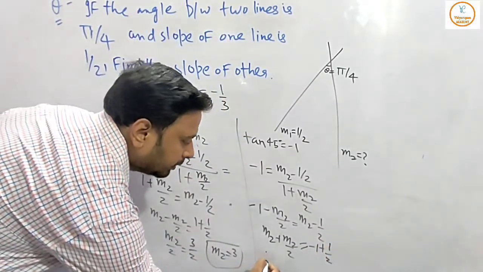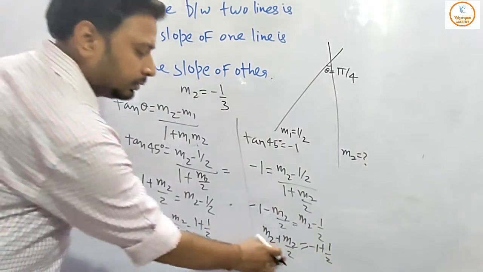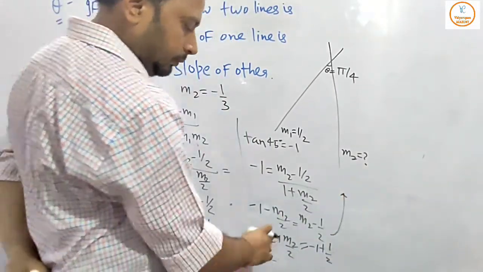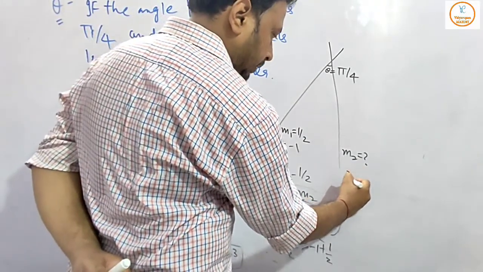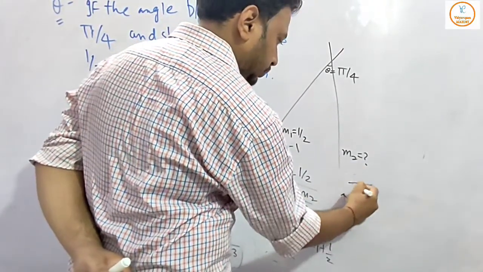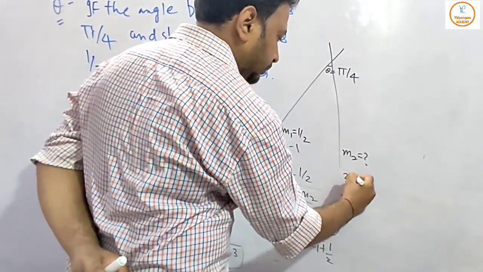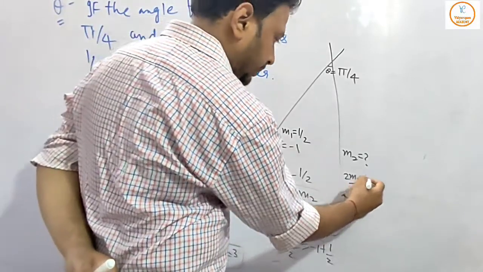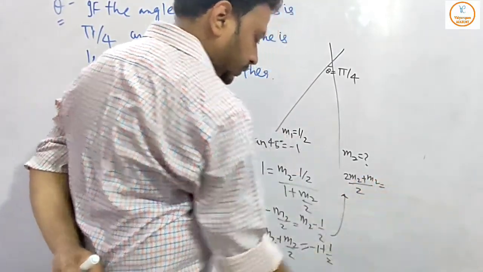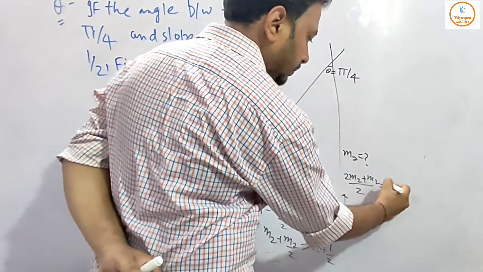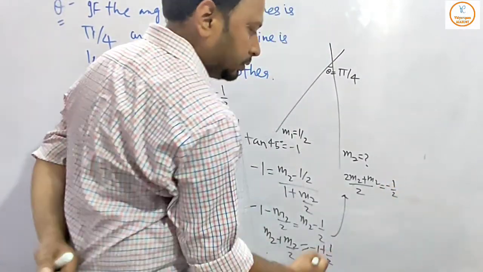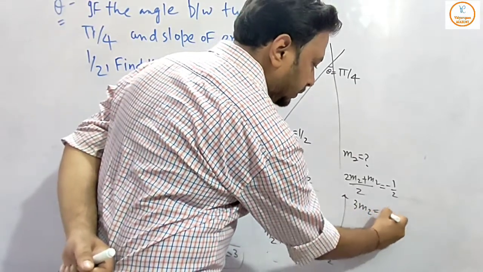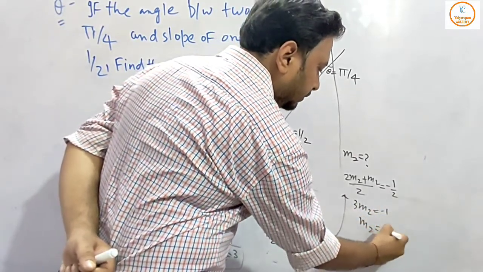So 3 here, I am not writing it, just saying. So 3m2 upon 2 is equal to 1 by 2 minus 1, so minus 1 by 2. So 3m2 is equal to minus 1, so m2 is equal to minus 1 by 3.